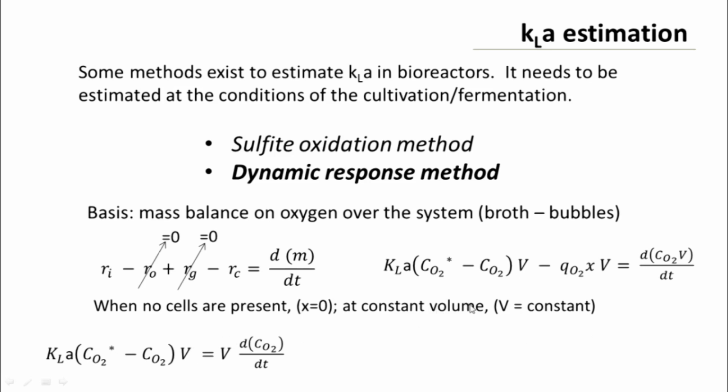Now we can cancel the two V's, and therefore KLa (C_O2 star minus C_O2) equals dC_O2/dt. This gives us the basis for the dynamic response method. The dynamic response method is carried out in the absence of cells. The KLa is estimated in the actual broth, that's okay, but no cells are present.